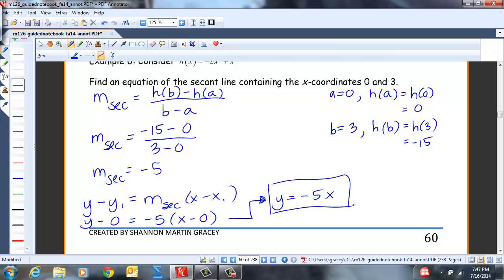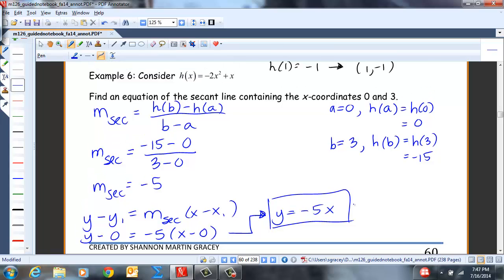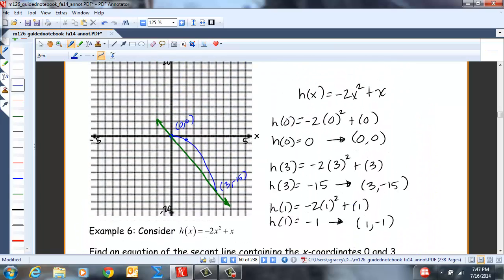So now let's check it out, and see how well our graph went. Do you see that we'd have a slope of negative 5, so that means for every 5 we go down, we go to the right one. So this would be 2, 4, 5, to the right one. We're right on target. Okay? So our graph looks awesome.